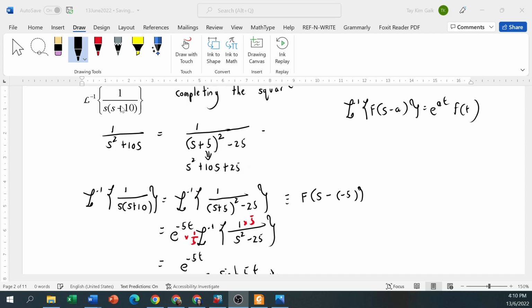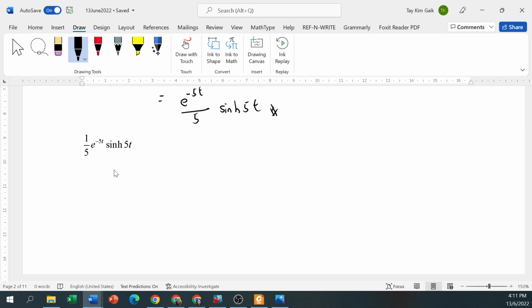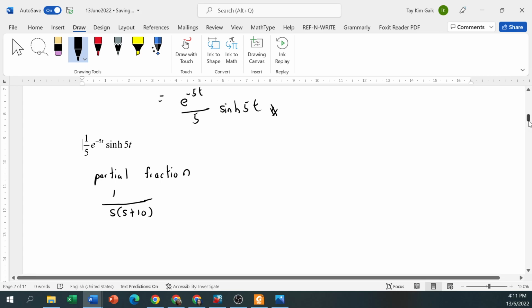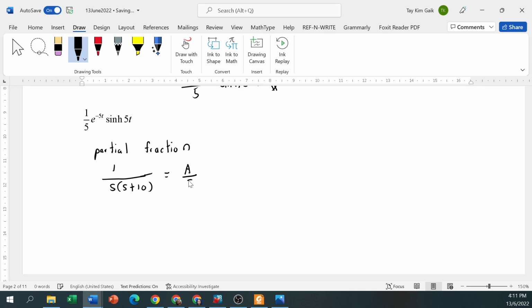Okay, we can also solve it using partial fractions. Now we solve it using partial fractions. You've got 1 over s times s plus 10. You have two linear terms, so you can break it into a over s plus b over s plus 10.